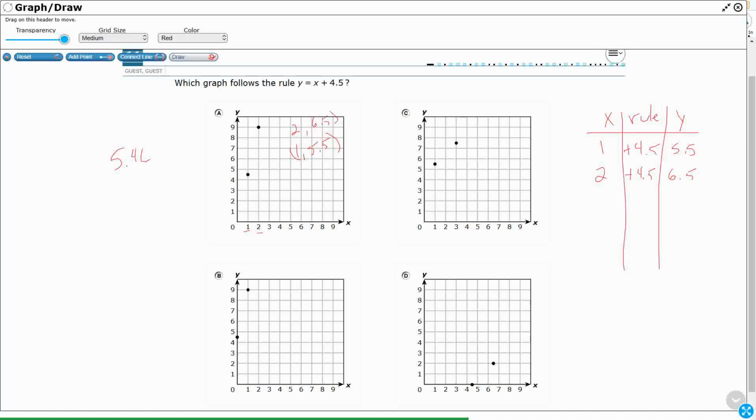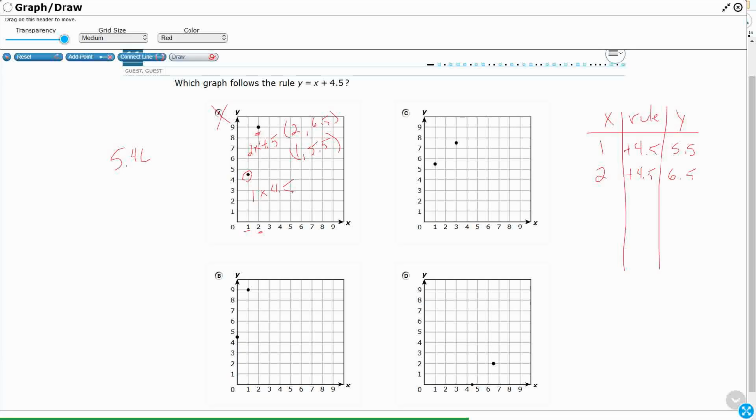Let's see if I've got that. So I've got 1, I've got, no, I've got a 4.5, and then I've got a 2, and I've got a 9. Oh, it looks like they're multiplying. This is 1 times 4.5, and this is 2 times 4.5. So this is a multiplicative pattern, not an additive pattern.